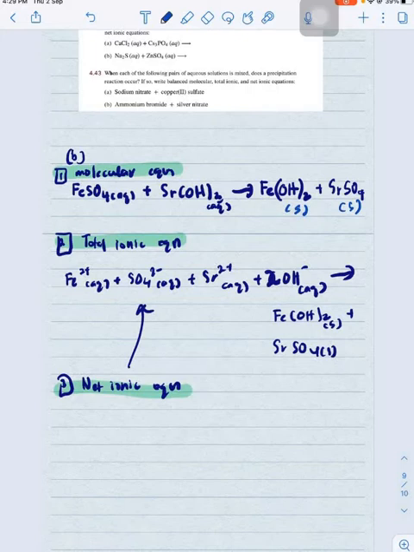Our total ionic equation is also our net ionic equation. Okay, so tak ada apa pun yang kita boleh cancelkan dalam dia punya total ionic equation. So which means that dia akan sama. Okay, tapi kita tahulah daripada net ionic equation, because this reaction produce two insoluble products. Maknanya this reaction is also under type of precipitation. Okay, so is that clear?